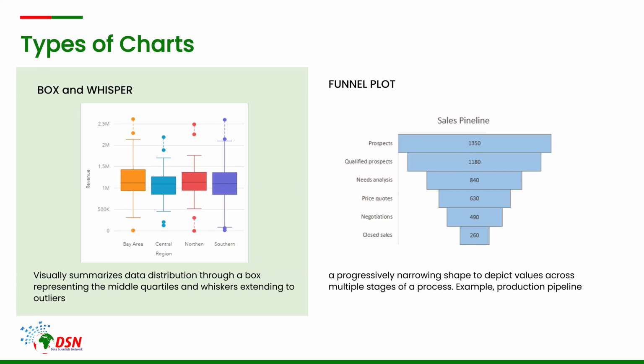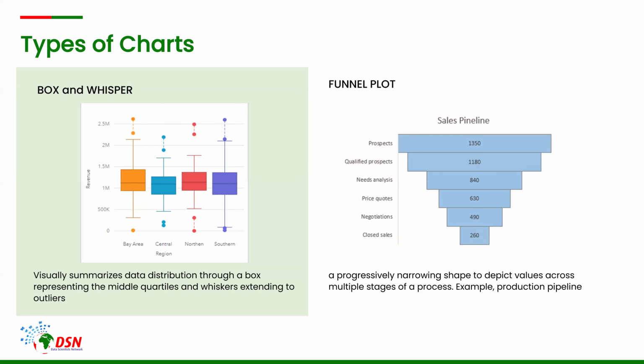So the last one we'll be looking at is the funnel plot. This funnel plot is used to show a step-by-step visualization. Here it is saying a sales pipeline, like a pipeline for people that we want to consider for a sales project.